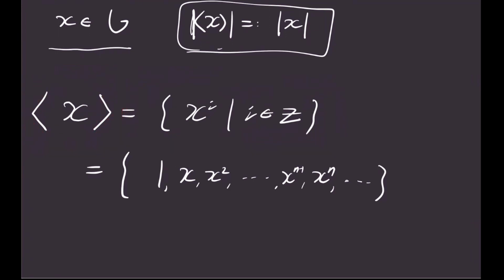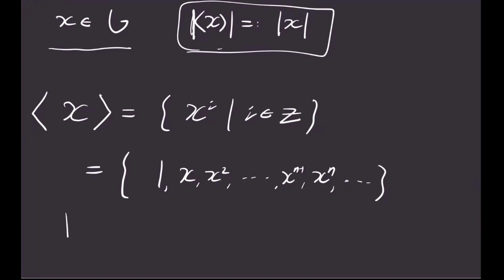Using X as an alphabet, all of these elements are called words, right? So, to write more precisely, like this: if the order of X is finite, n, then this cyclic group must terminate here. This must be 1.